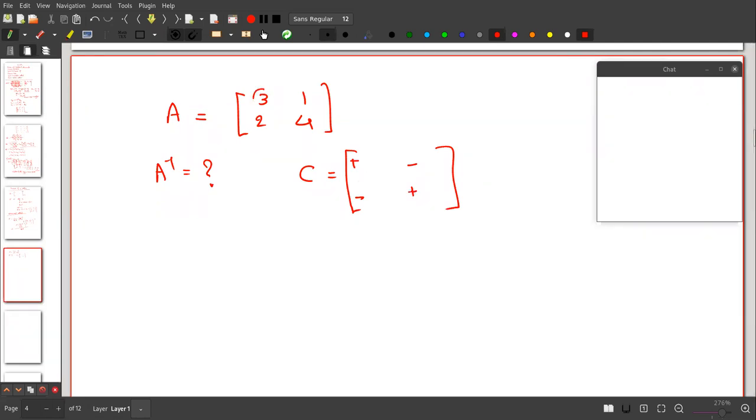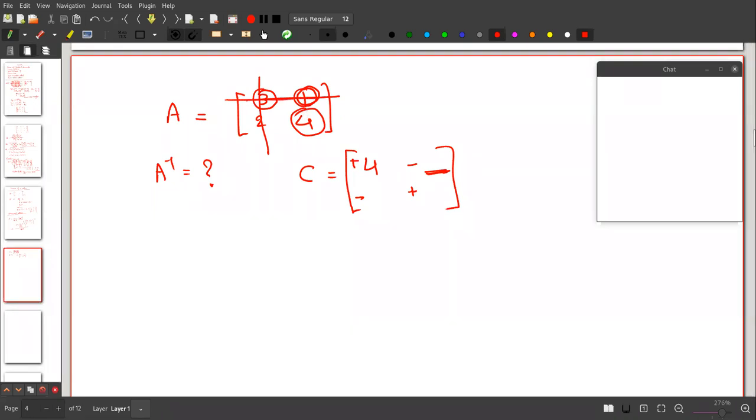So for this, what will be the cofactor? What we do is we cut this and I write the remaining thing. So what will be here? 4. What will the next term be? I want to take the minor of this one. So what will I get as a minor of 1?